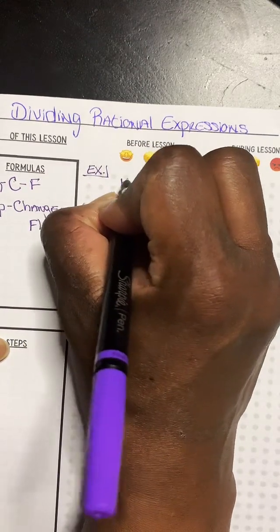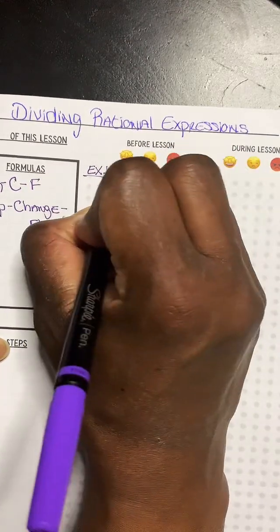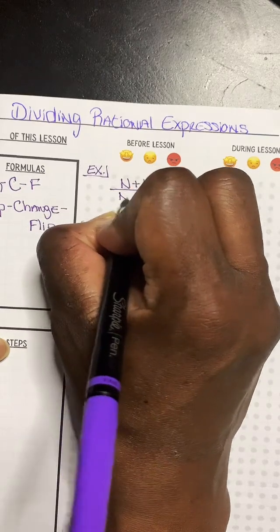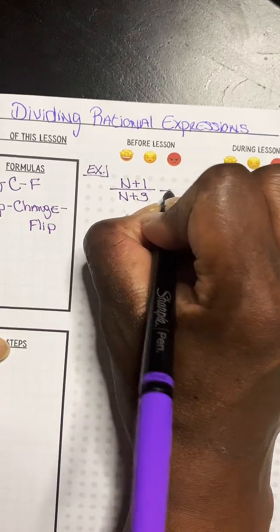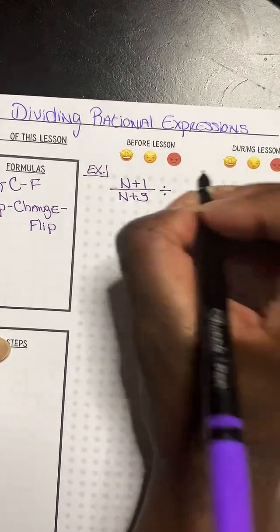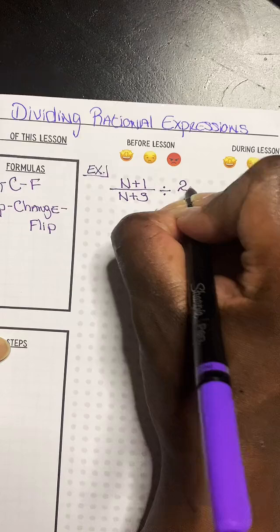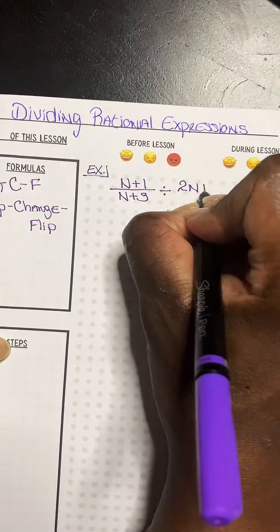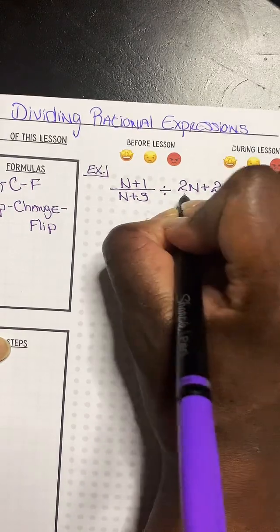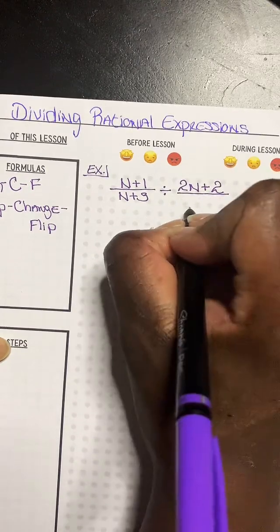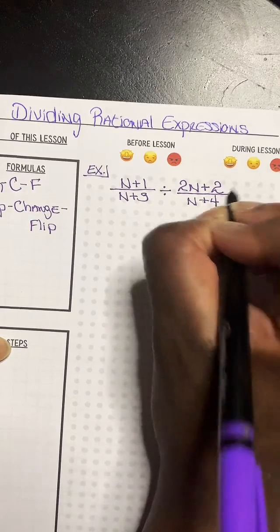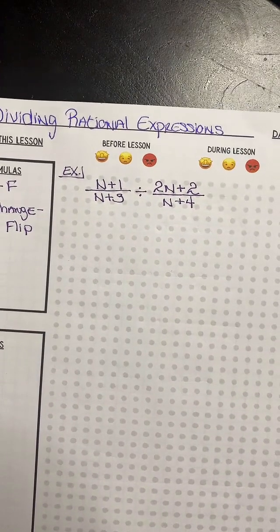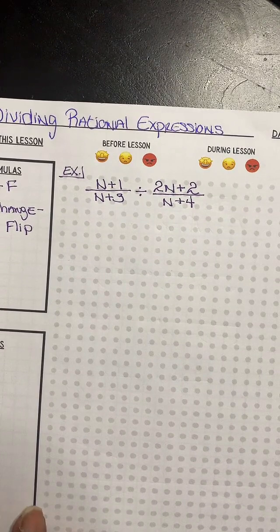So, we have n plus 1 over n plus 3 divided by 2n plus 2 over n plus 4. Okay. Yep. Keep, change, flip.